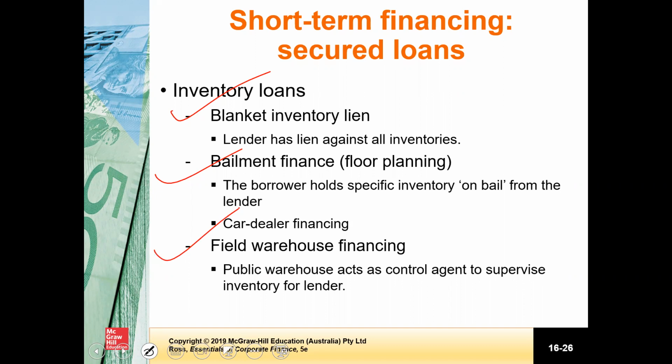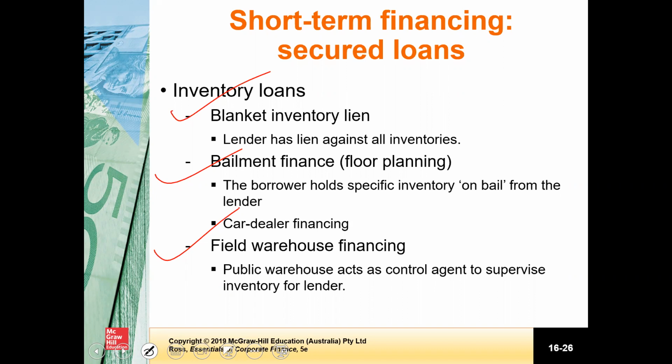And bailment finance is a device by which the borrower holds a specific inventory on bail from the lender. Car dealer financing, for example, is provided by wholesale bailment. This type of secured financing is also called floor planning in reference to inventory on the showroom floor.